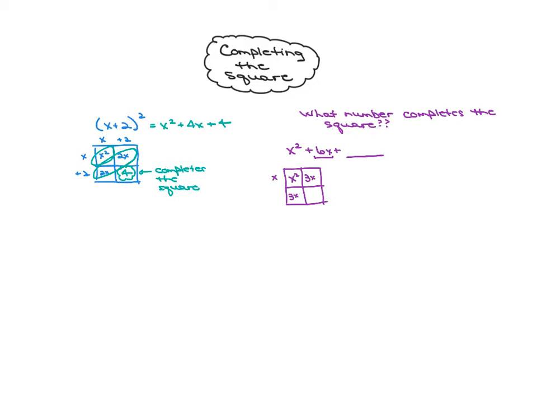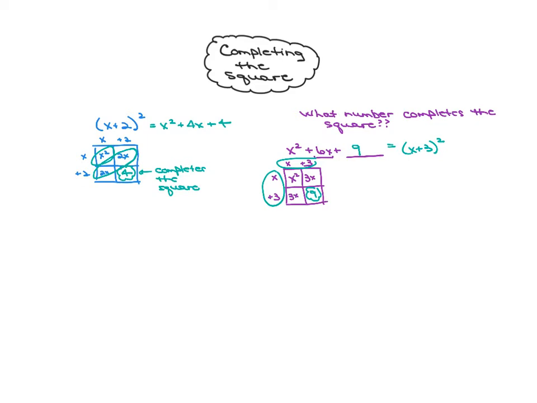So I would have x plus 3 on one side of my square, x plus 3 on the other side. And I know that 9 completes the square. The nice thing about this, x squared plus 6x plus 9, I can now factor this into a binomial that's being squared, x plus 3 squared.